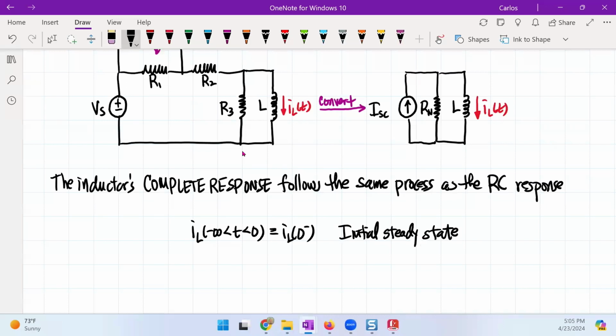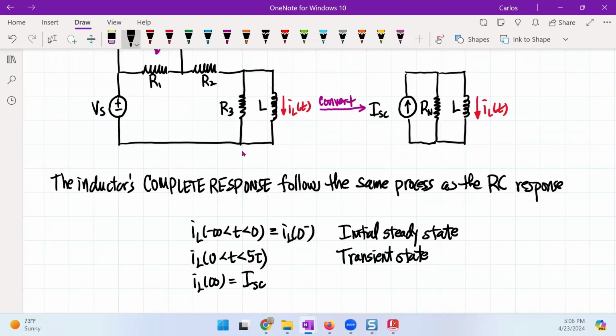Now the switch is thrown. When the switch is thrown, we're interested in from 0 to 5 tau. This is what we call the transient state. And then finally, if we let this go long enough, at t equal to infinity, we get exactly to the short circuit value.